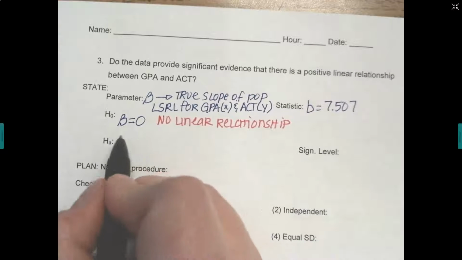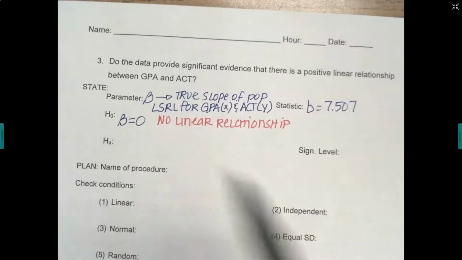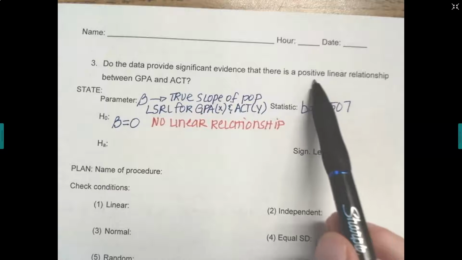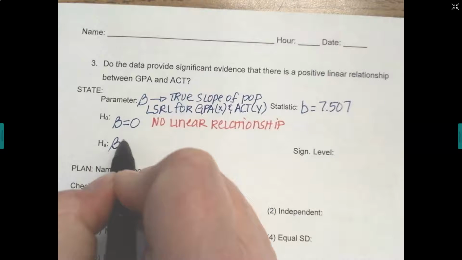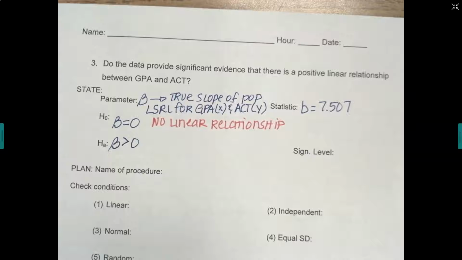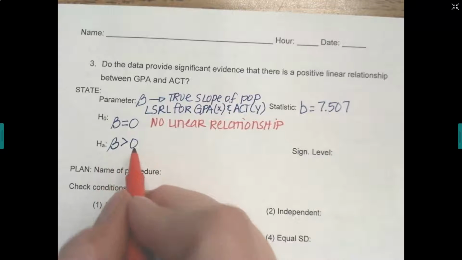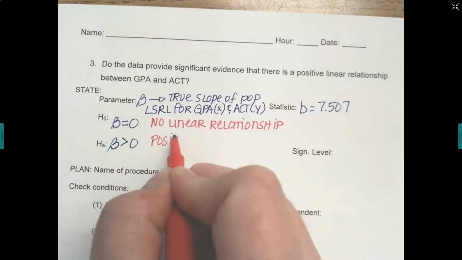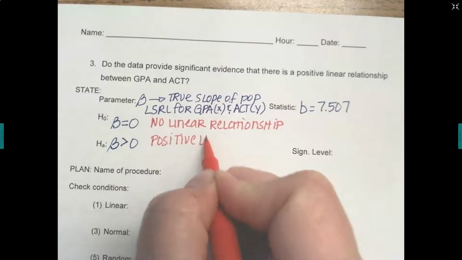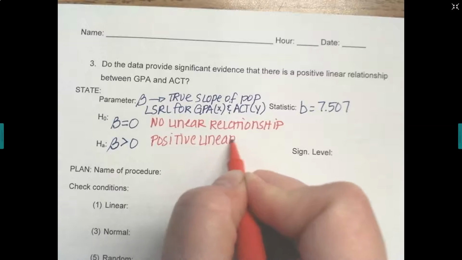So that's our null. For our alternative, it says we want to know if there's a positive linear relationship, so that would mean our beta is greater than 0. If we had wondered about a negative linear relationship, our beta would have been less than 0. So beta greater than 0 says this is a positive linear relationship.